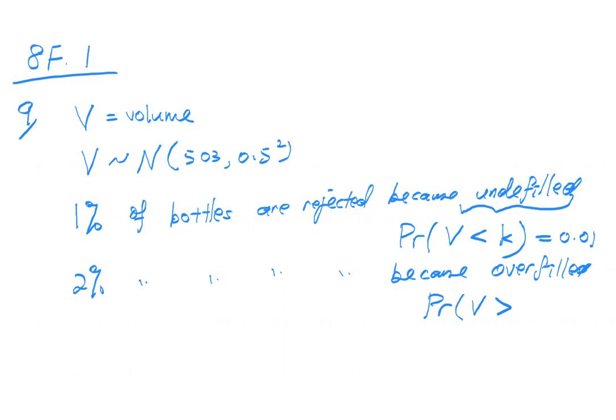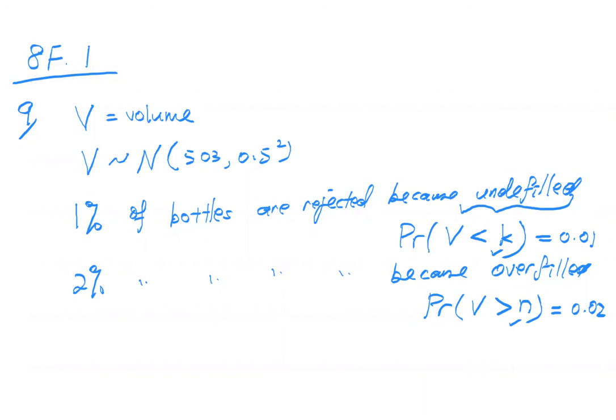I call it K, L, M. Cannot use M. N. Okay, is equal to 0.02. See or not? Otherwise, they are kept for retail. Find correct to one decimal place the range of volume in the bottles that are kept. So if you can find the value of K and the value of N, then you can get the answer.